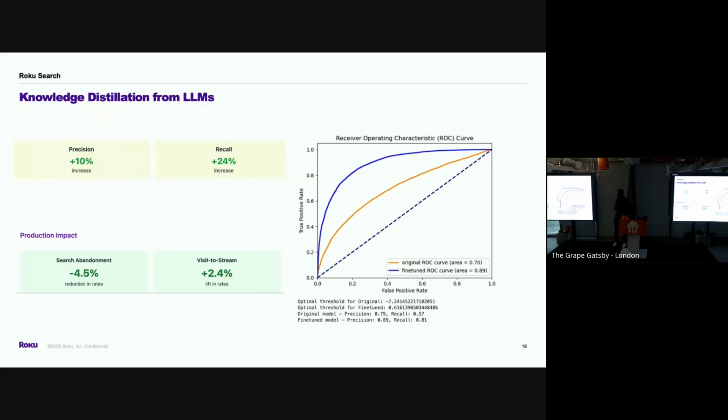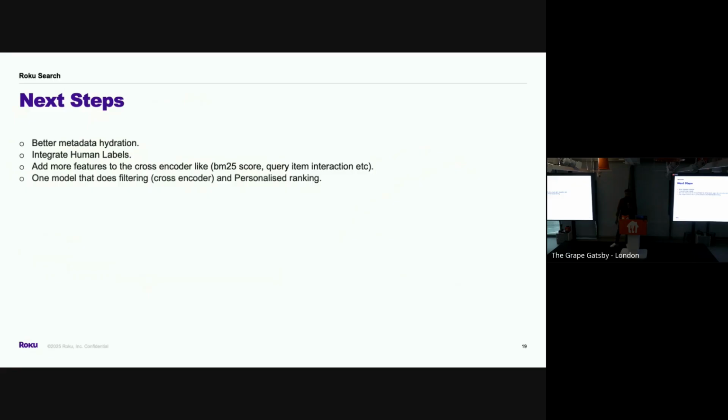Okay, so we are still not at 100%. We are able to achieve a precision of 89 and recall of 81. The gap here is because of the metadata quality. Cross-encoders do not have the inherent knowledge, so you have to provide that information about the items.